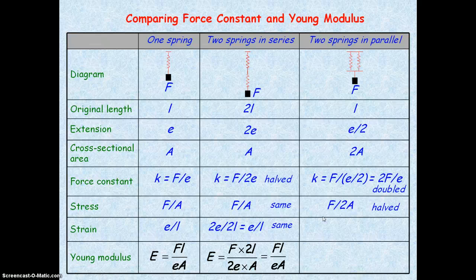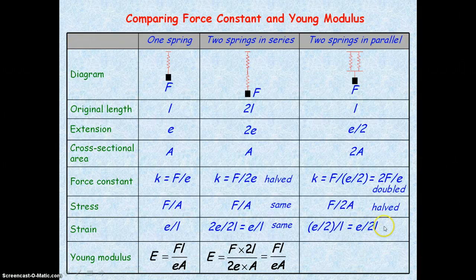If we now consider the strain for these two springs, our strain is our extension divided by our original length, so that's E divided by 2, divided by L, and that simplifies to E divided by 2L.